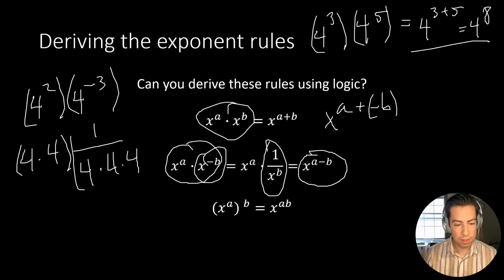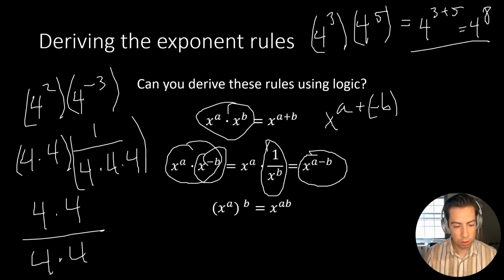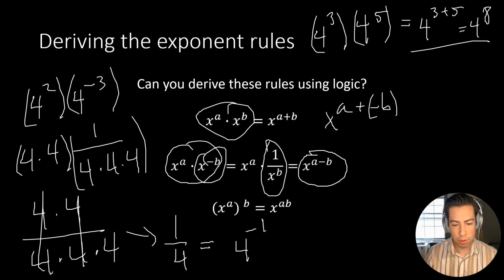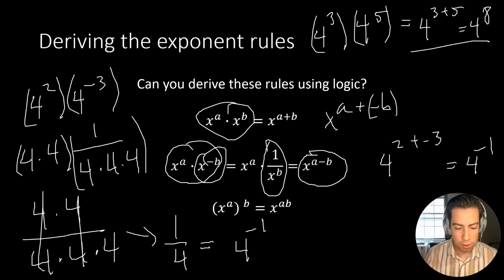So when we simplify this out, we're going to get 4 times 4 divided by 4 times 4 times 4. Then these 4's are going to cancel out, and I'm left with 1 over 4, which is equal to 4 to the negative 1, and we will see that 4 to the 2 plus negative 3 is equal to 4 to the negative 1. Okay, so hopefully that makes sense, and that does in fact check out.